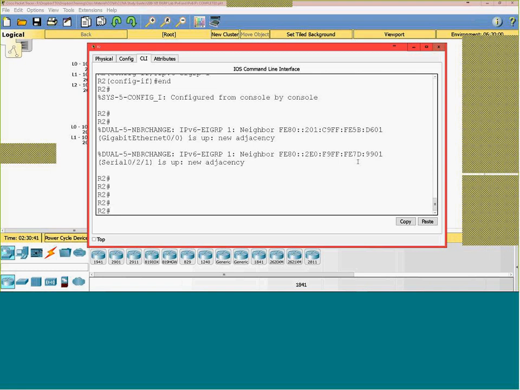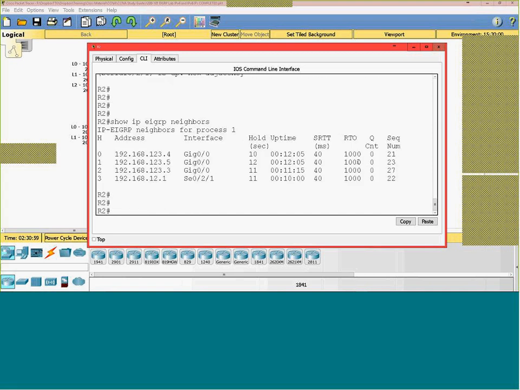Now, we already know that all the IP addresses were configured on these routers, all of the interfaces were turned on, so we didn't have to do any of that as part of the exercise. Okay, let's do a show IP EIGRP neighbors. Now you should see 4 neighbors. If you don't see 4 neighbors, let me know or raise your hand.